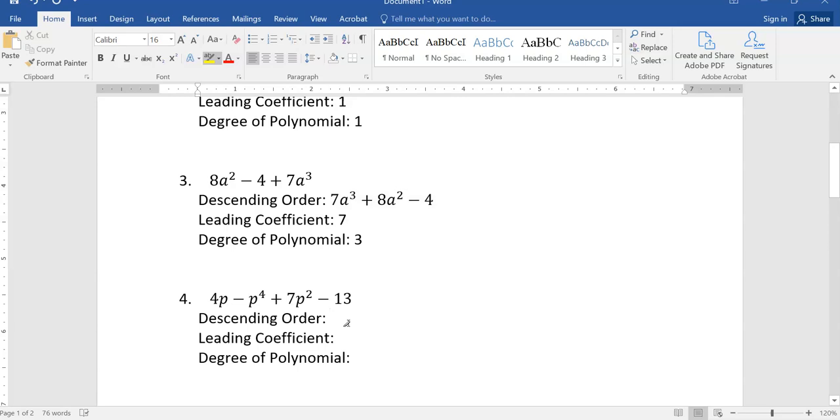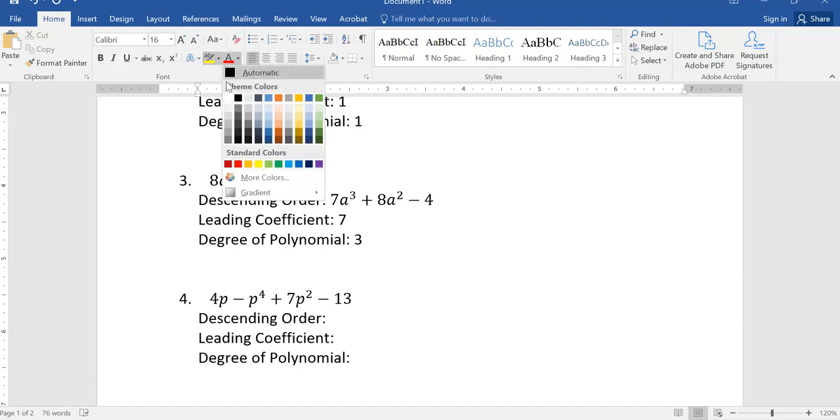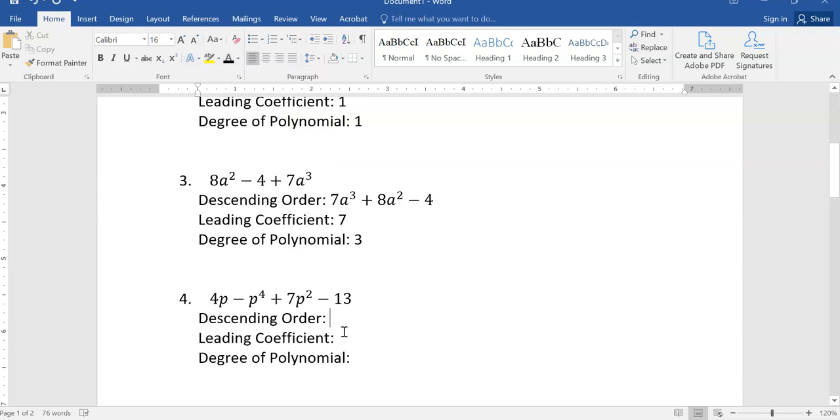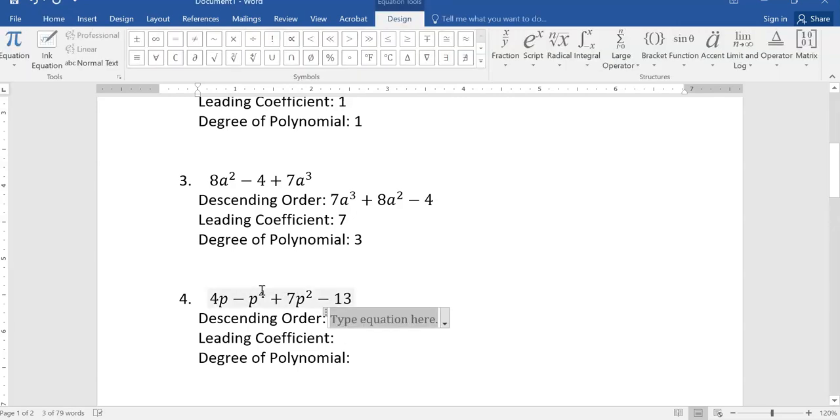All right, next problem, descending order. Now, this one you have to be careful because the highest term is a p to the fourth, and this minus p to the fourth means that I need to make sure that the negative stays with that p to the fourth. Next highest degree is 7p squared, so plus 7p squared.